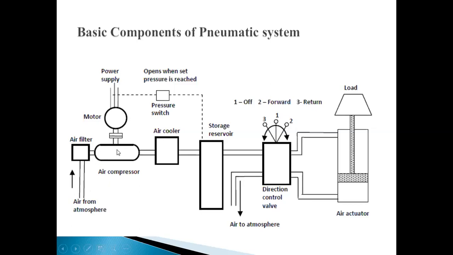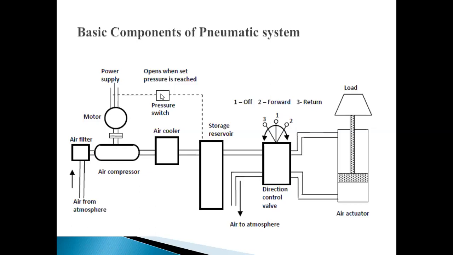The compressor is used to suck in the air. The air filter is used so that if there is any foreign particle in the air, we can stop it there. So no foreign particle enters the compressor, because foreign or dust particles can damage the system.